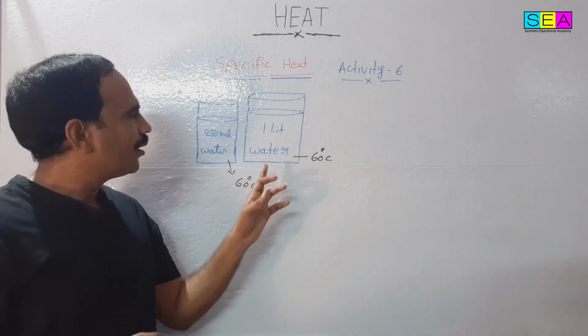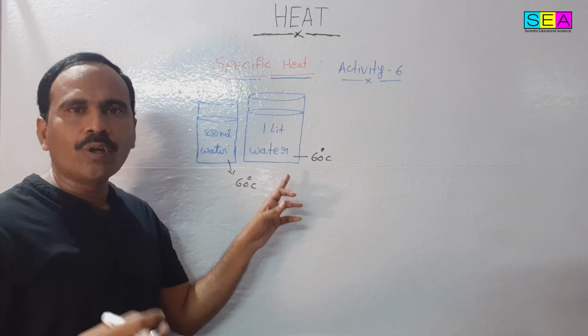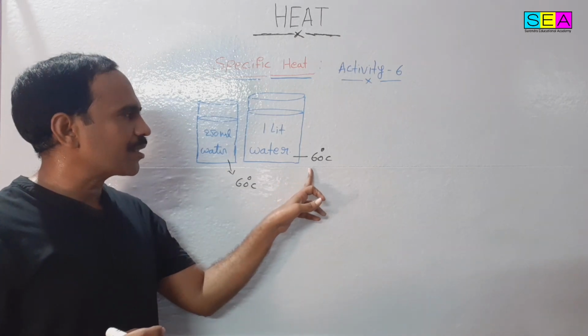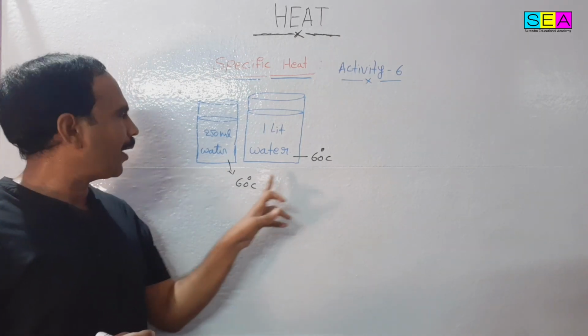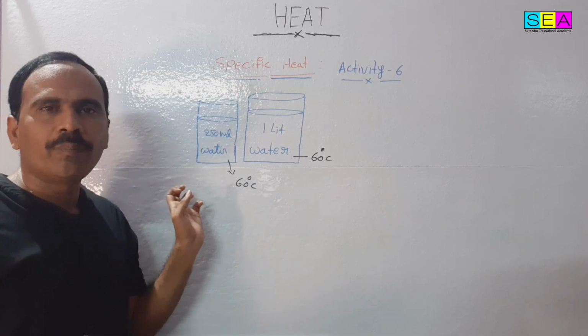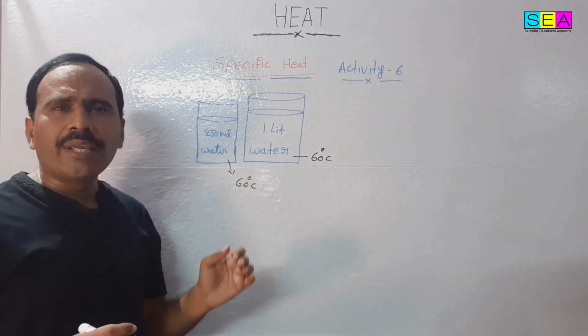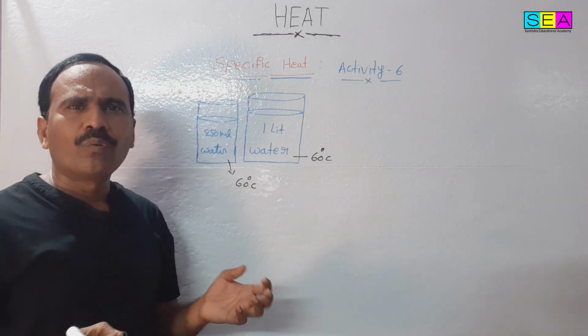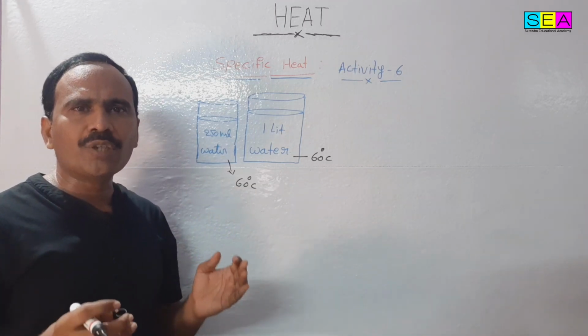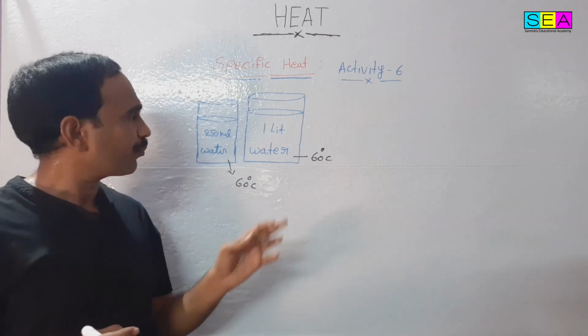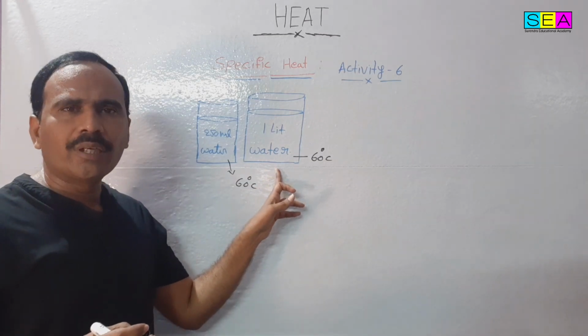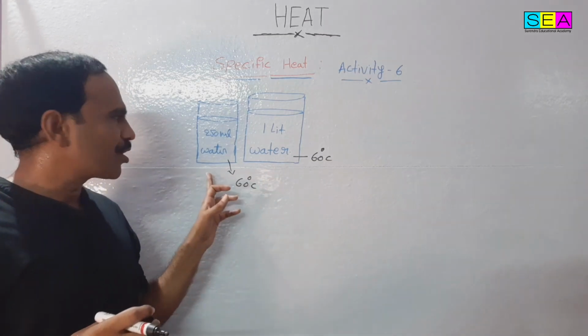That's why it is taking more time to reach 60 degrees Celsius compared to the water in the small beaker. Taking more time means we are providing a larger quantity of heat energy to the large beaker compared to the small beaker.